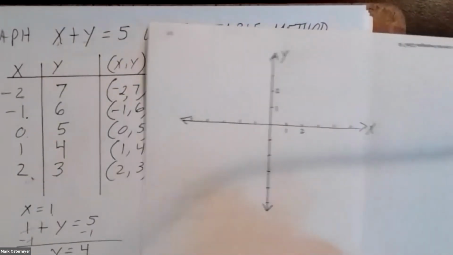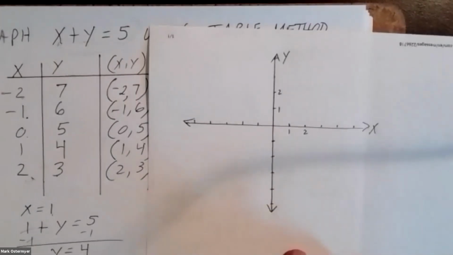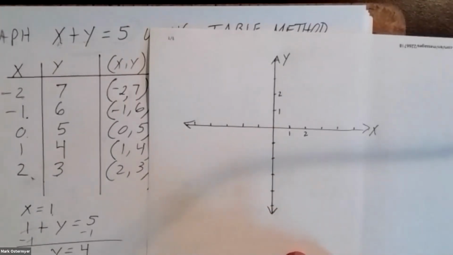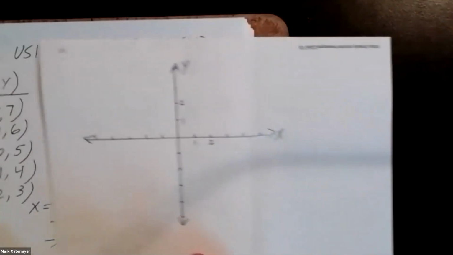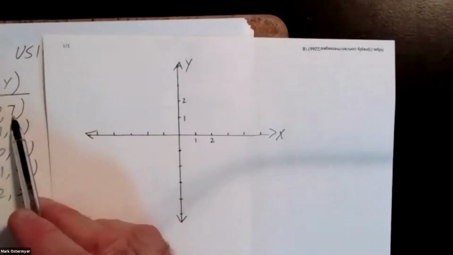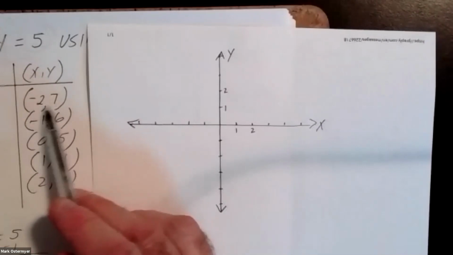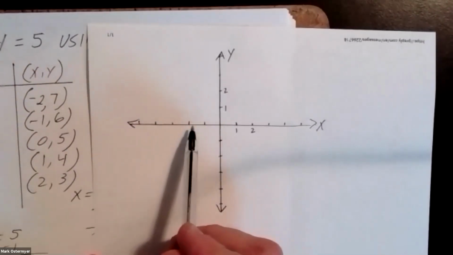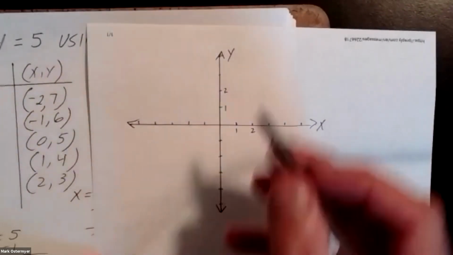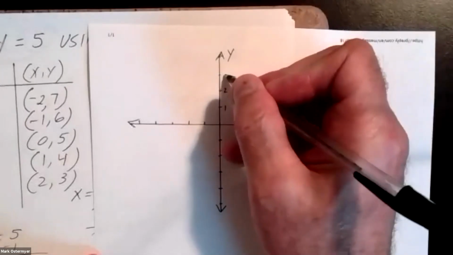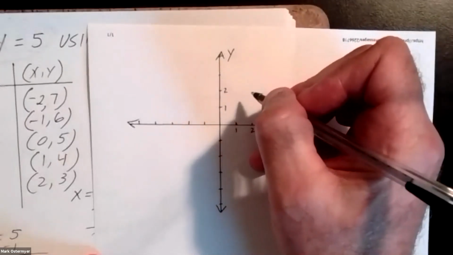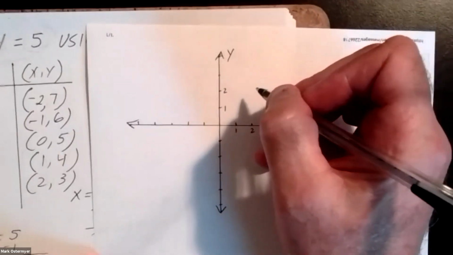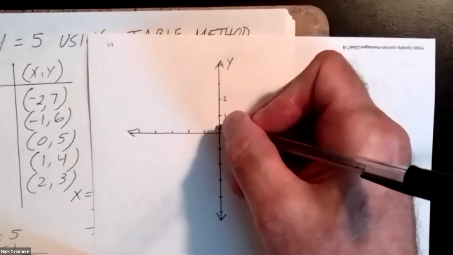All right, help me plot these points here. I got the point (-2, 7). So I start at the origin and I move what, 2 to the left? And then I move up what, 7 units? So 2 to the left and up 7. Let's see here.